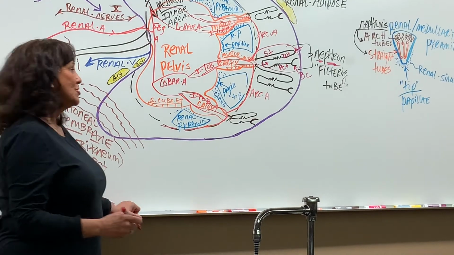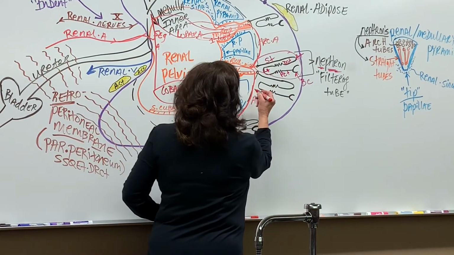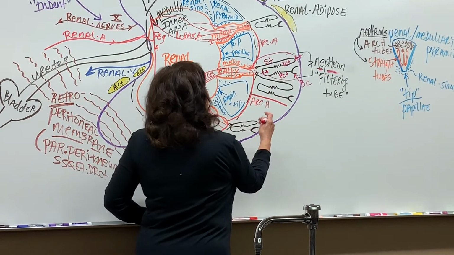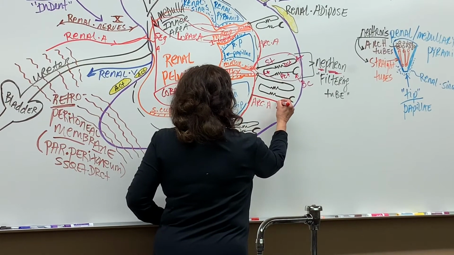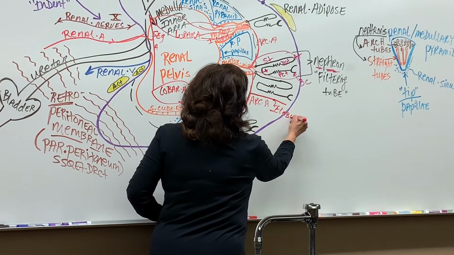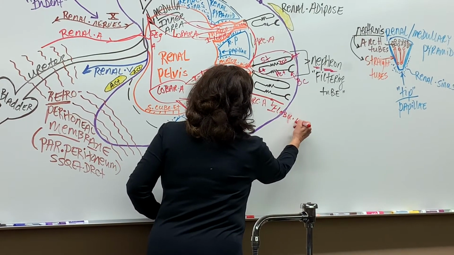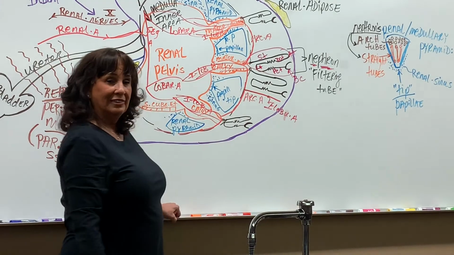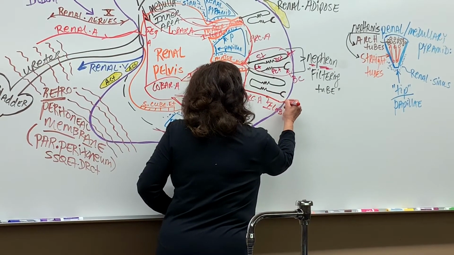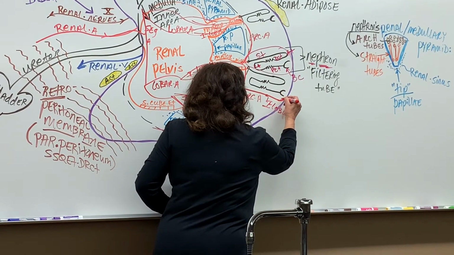So now watch this. What comes off the arcuate artery? The big long artery that's going to go straight up. And what is this called? This big long straight one? Interlobular artery, right there. And then it's going to turn and go towards the Bowman's capsule right here.